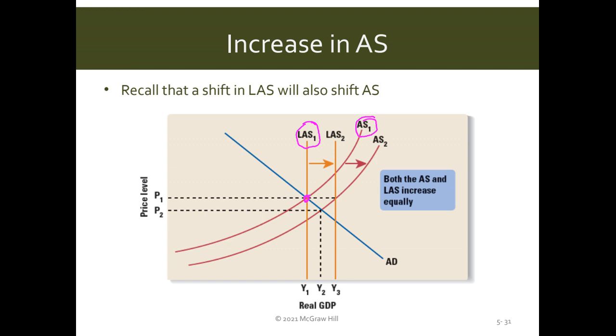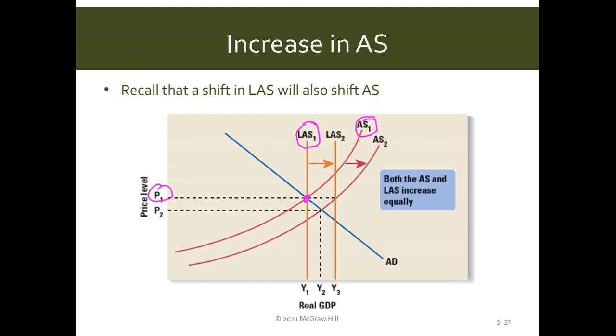Now I shift the long run aggregate supply to the right. You know what the sources of economic growth are? Increase in labor, increase in capital, increase in natural resources, and advancement in technology. Any one of these four factors will shift the LAS curve to the right, and the AS curve will automatically shift to the right as well by the same amount.